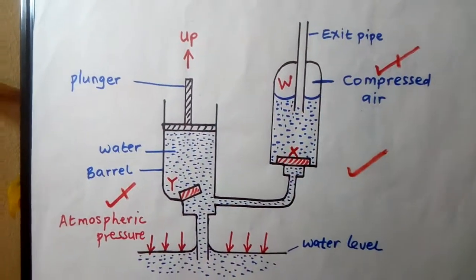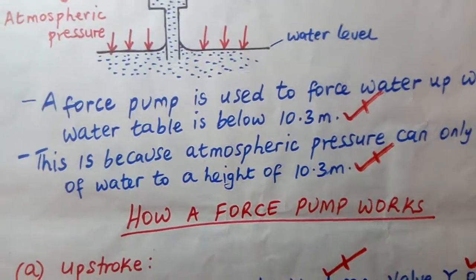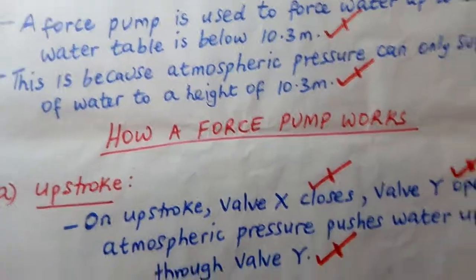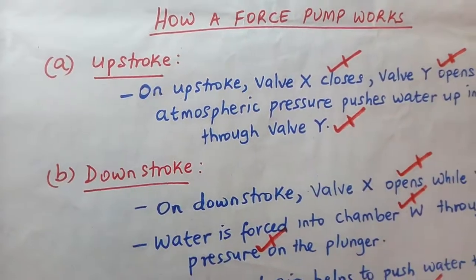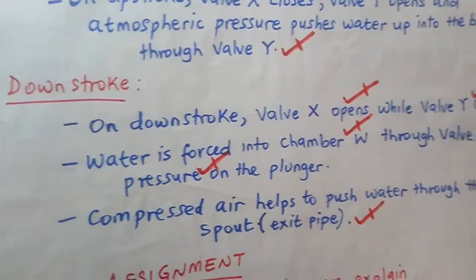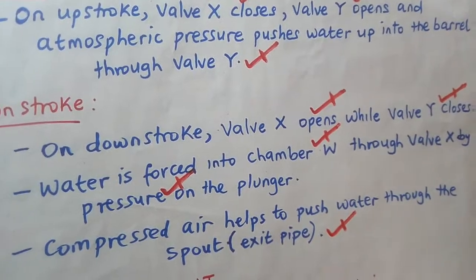Labeling, they give you another one. Then explaining, you see? You explain one by one, the way we have done, until you reach the upstroke, what happens, the downstroke, what happens, and you get all your marks. So briefly, this is how a force pump works.